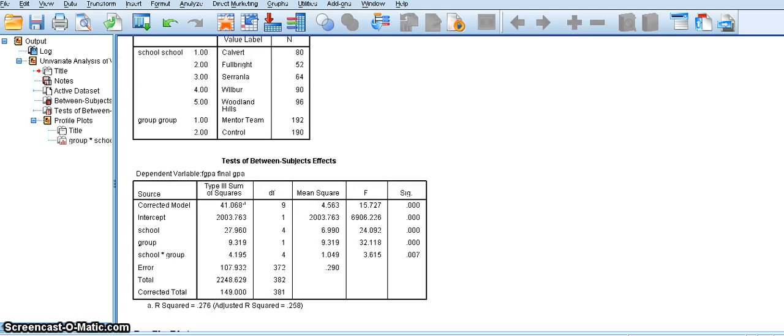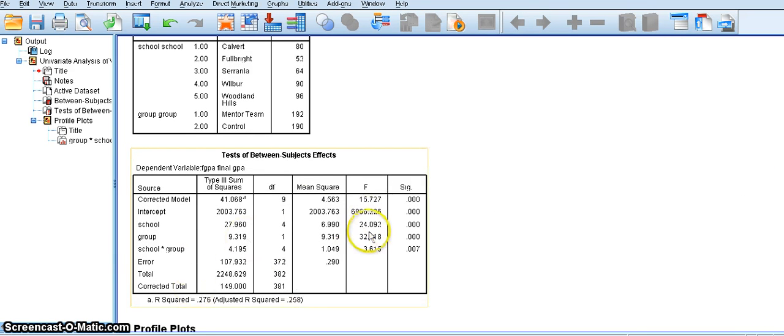The table below is our main table, and when we talk about Factorial ANOVA, there are two main definitions or two main important things that we look at. On a factor level, whenever we're talking about a single factor, like for example school or group by itself, we're talking about a main effect.